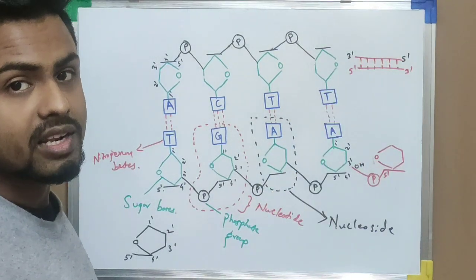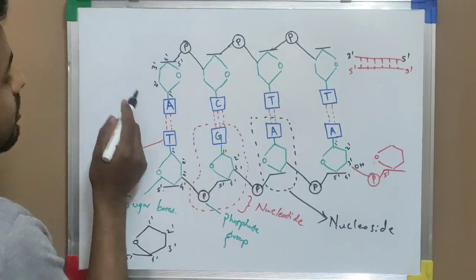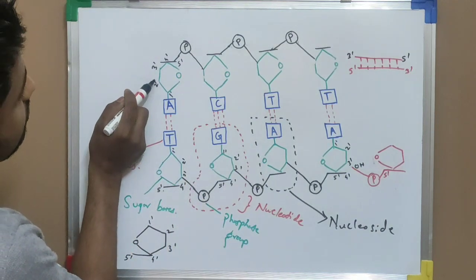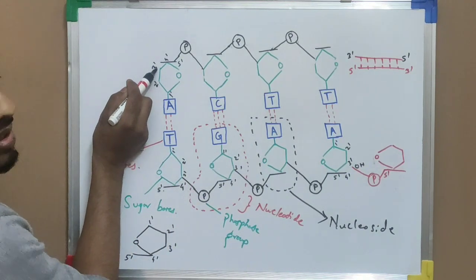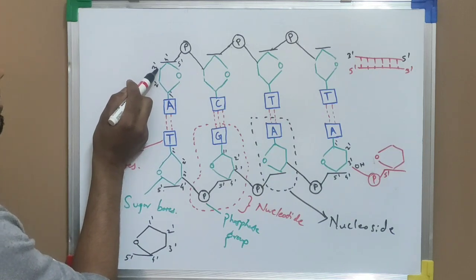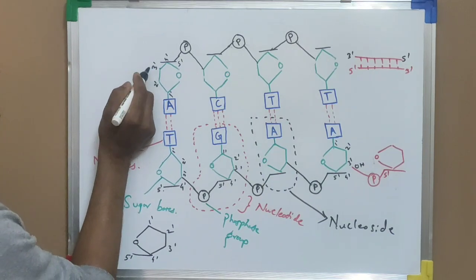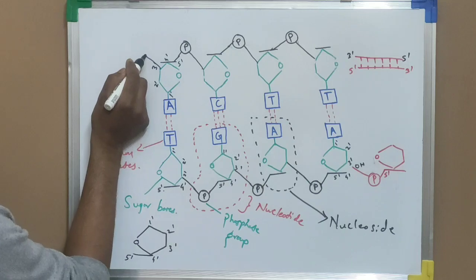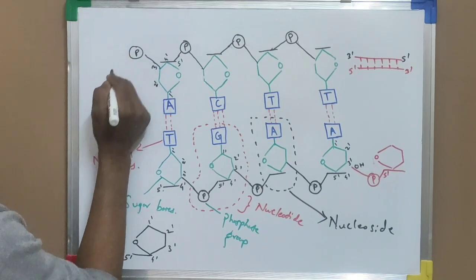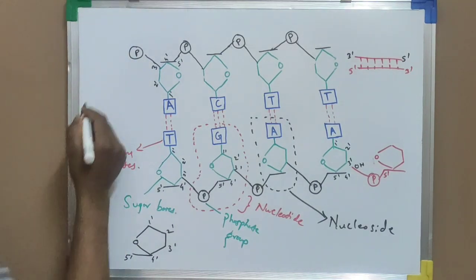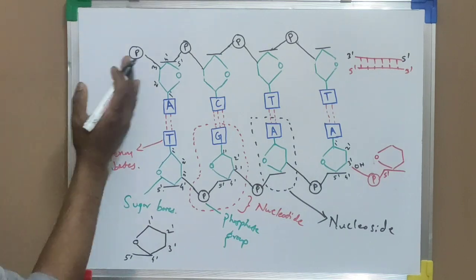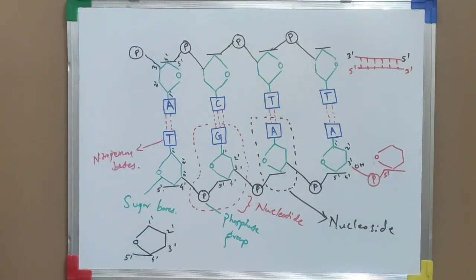Okay, they are not parallel. So here you will see 1, 2 and 3 prime, and this 3 prime is free, and it can again attach with a phosphate group out here. Like that, they can synthesize the strand.